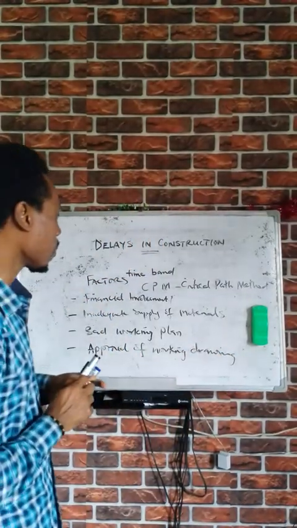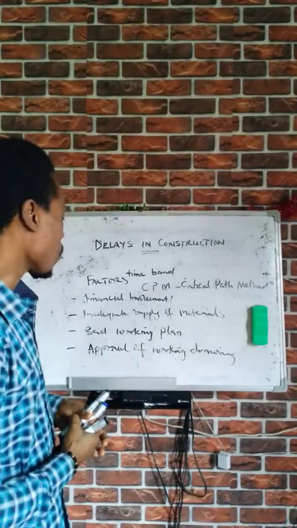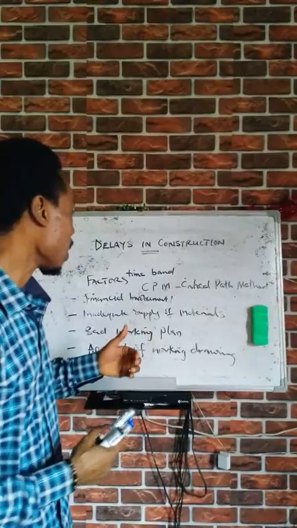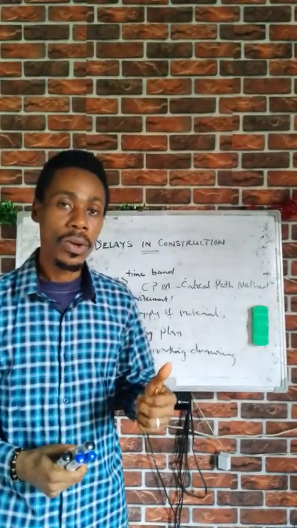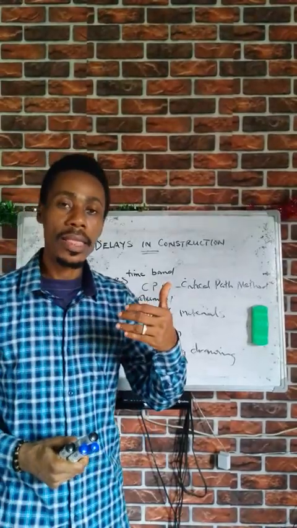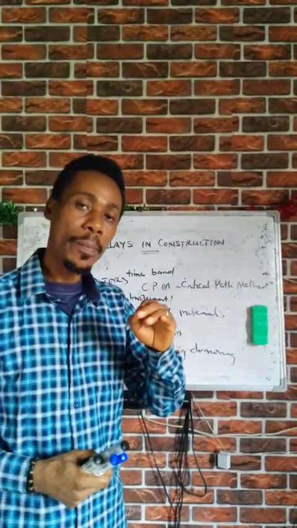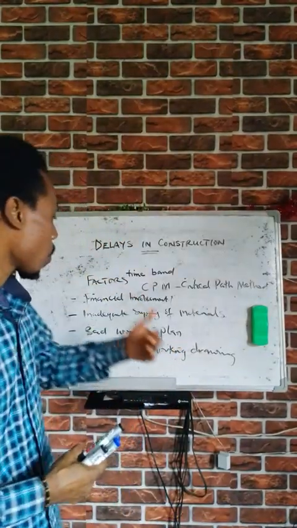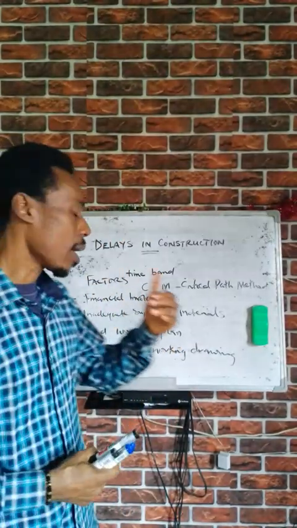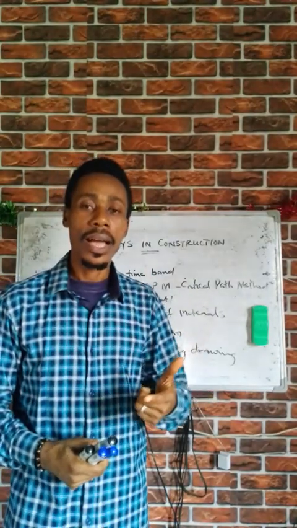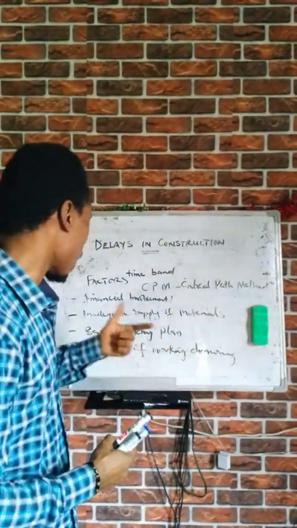In some cases, approval of working drawing can also cause delay in the construction work, because most times they might issue an initial permit for construction, and then subsequently provide the necessary backings to that.